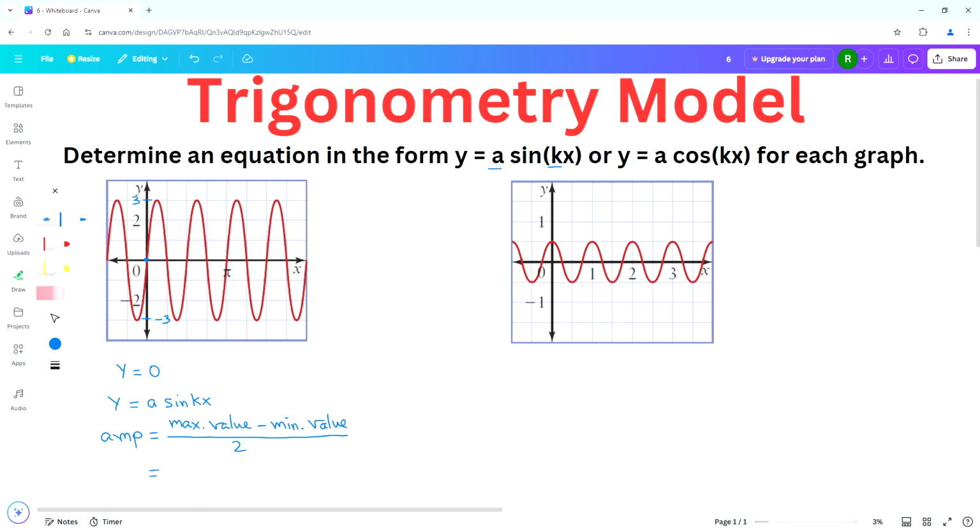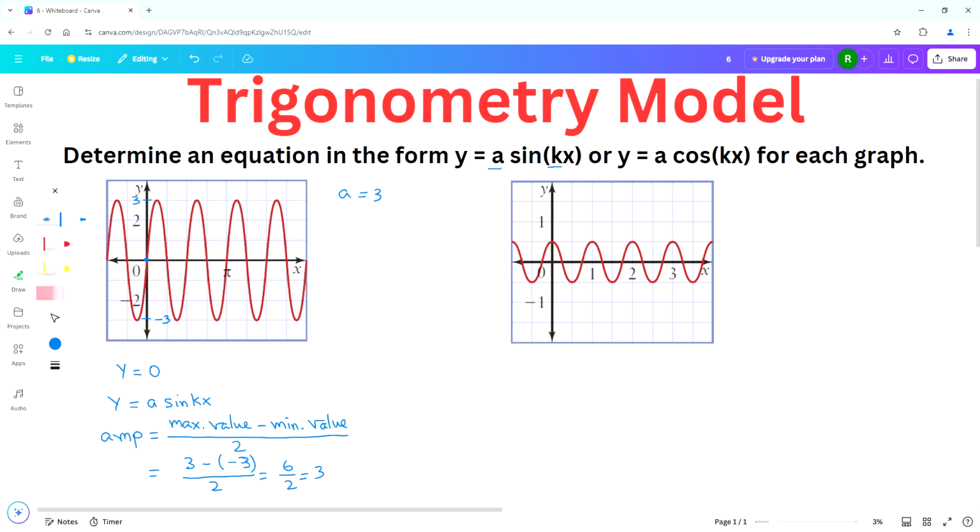The maximum value is 3, minimum value is -3, 3 minus -3 is 6. I get 3, so the a value is 3.